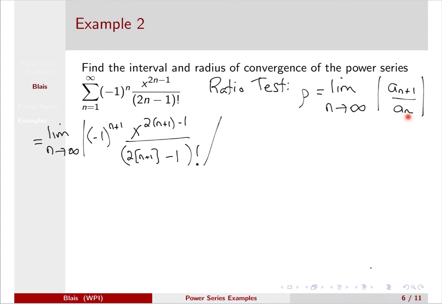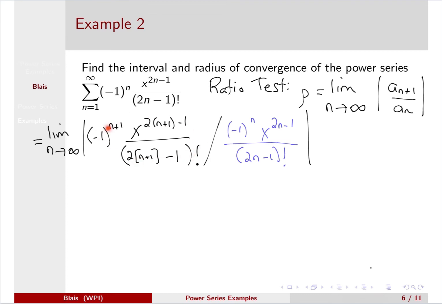And for the denominator, we simply rewrite the nth term. Minus 1 to the n, x to the 2n minus 1, over quantity 2n minus 1 factorial. Absolute value. Again, always remember those absolute value signs. They are critical.